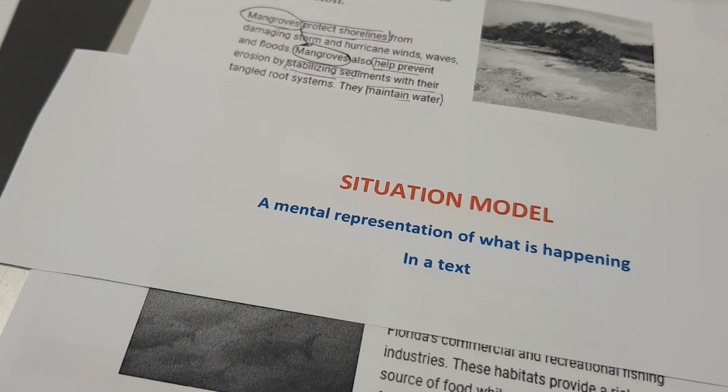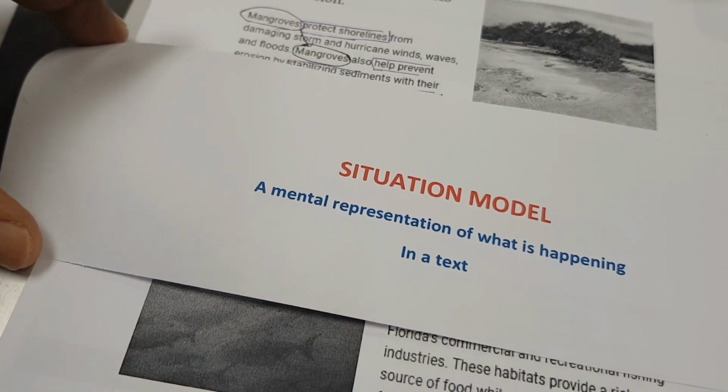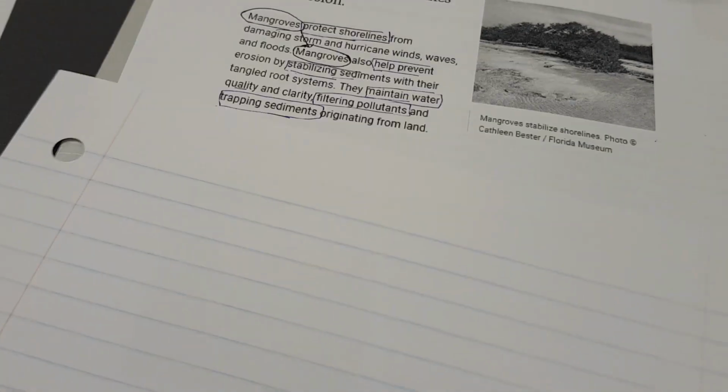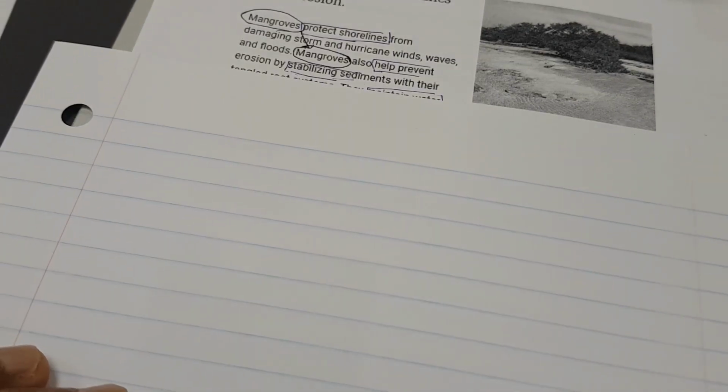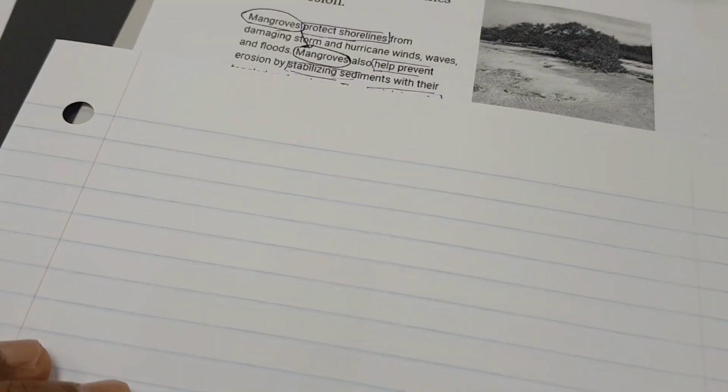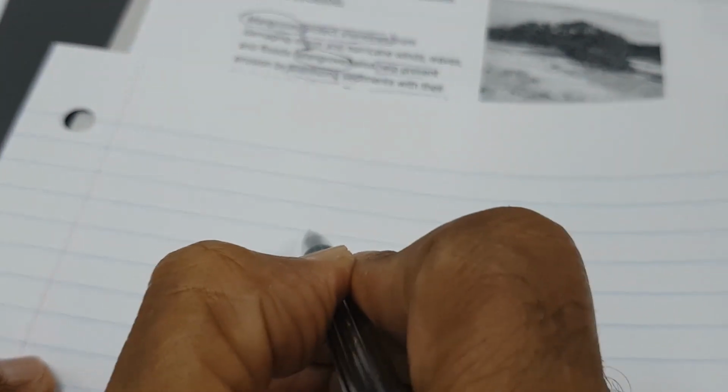In other words, we want to be able to see what is happening. So now I'm going to do what I usually do in teaching students, which is to create a kind of sketch. Now this is not art. It's not supposed to take long. You can show them to do something quick like this.